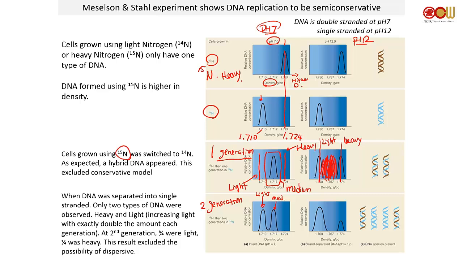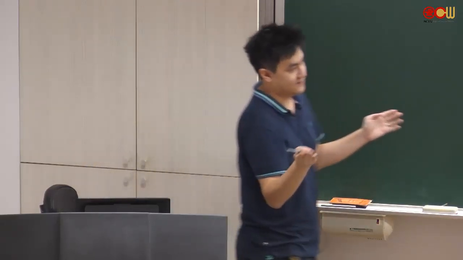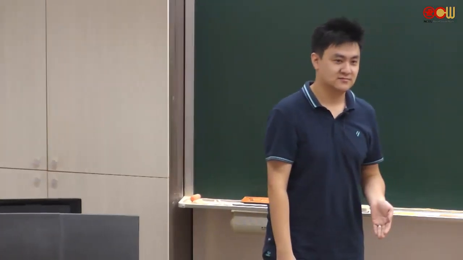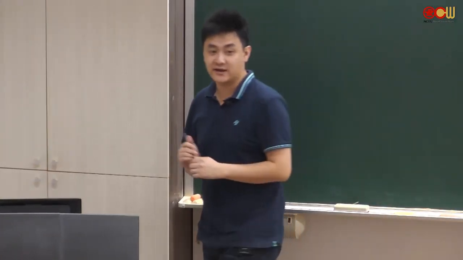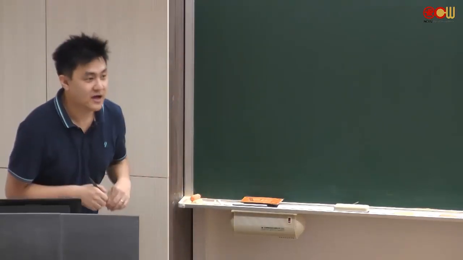But the result shows I only get light or heavy after they're single-stranded. So if I separate my DNA into its single-stranded form, all I get is a heavy strand and a light strand. This tells me it's a semi-conservative mechanism for replication. Does that make sense?